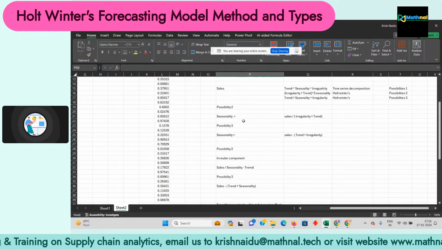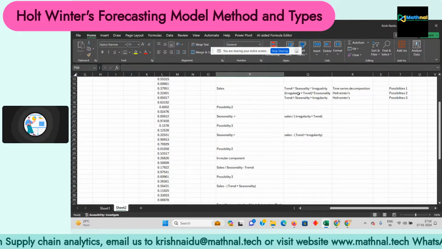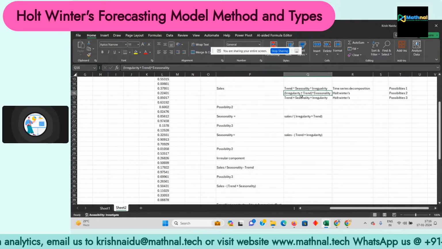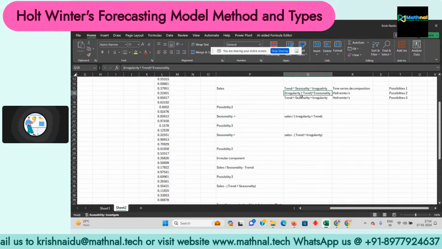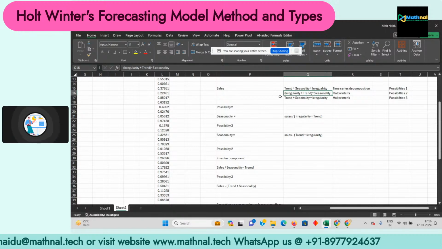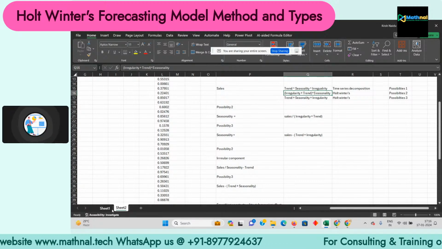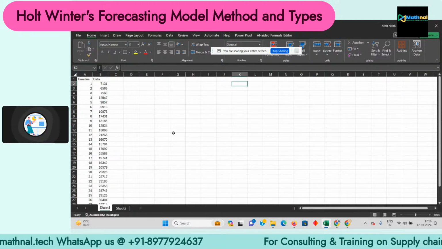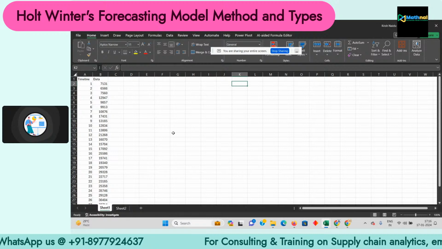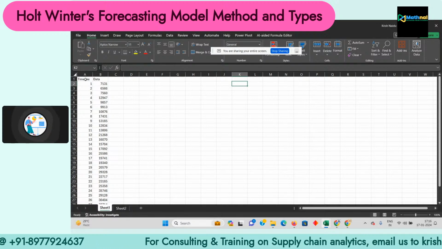First we are going to work with possibility number two, where we use level plus trend into seasonality, or irregularity plus trend into seasonality, as a model, and then let's build the model. Whenever we build any kind of forecasting model, we need to understand our patterns.